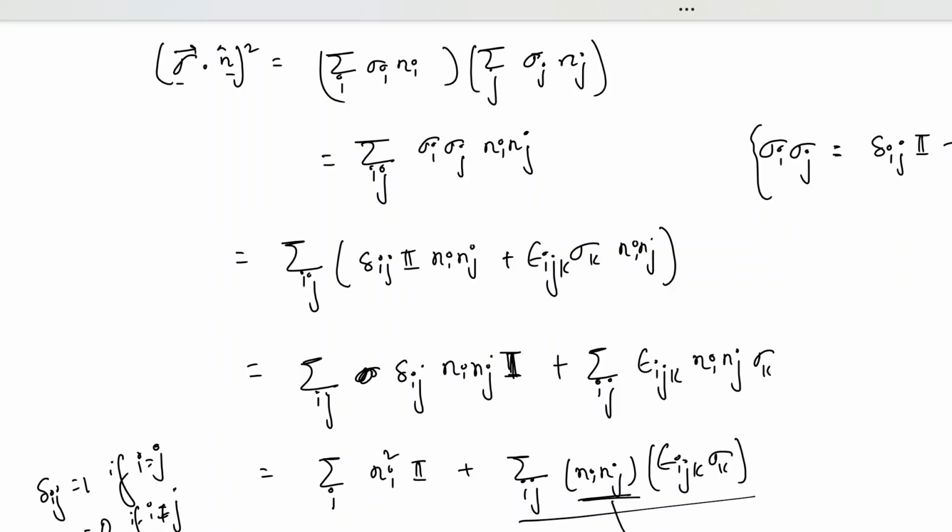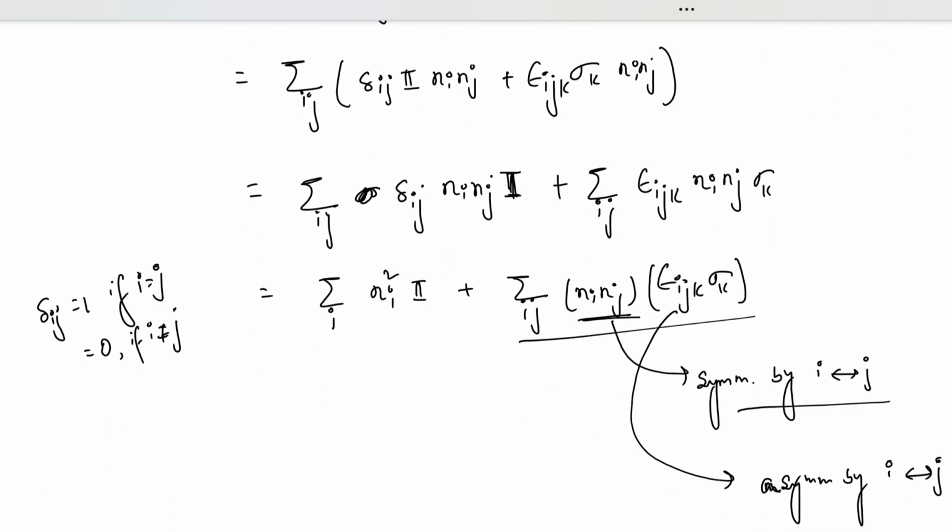So it is symmetric under interchange of the indices i and j, but this other term is asymmetric under the interchange of i and j, because epsilon ijk will be equal to plus 1, but epsilon jik will be minus 1, right?